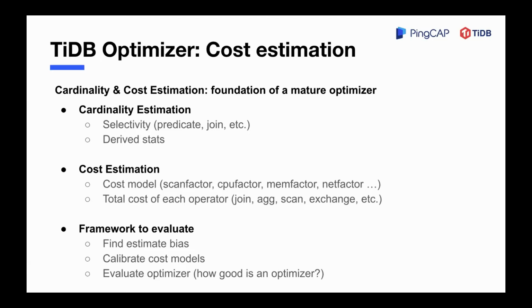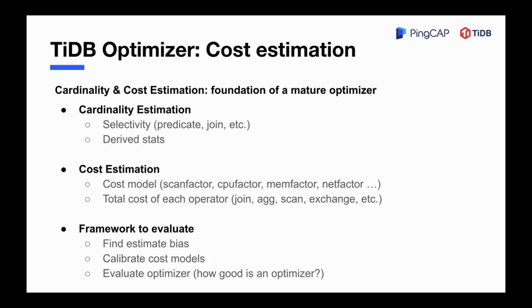The cost model plays a very big role here. Then we do the cost estimation for each operator, for example for the scan, for the join, and for the aggregation. Then we calculate the total cost for each possible plan option, and we find the minimum-cost plan to be delivered to the executor as the optimal one.